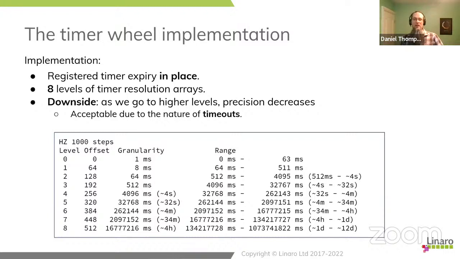However, if you set a timeout for 30 minutes and you arrive 2 seconds later, that's almost irrelevant. So we have multiple levels, and precision decreases as we get longer and longer waits. The longer you sleep for, the further down the levels you go, and you'll be put into a particular queue with a particular granularity. That means every scheduler tick we examine level 0, but we only examine level 1 every 8 ticks, and we only examine level 2 every 64 ticks, and so on.